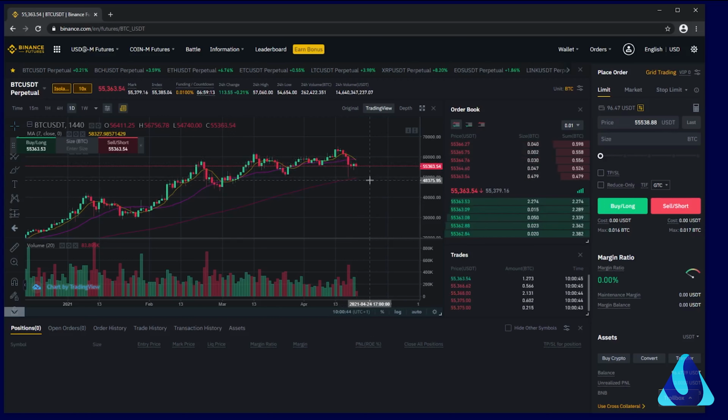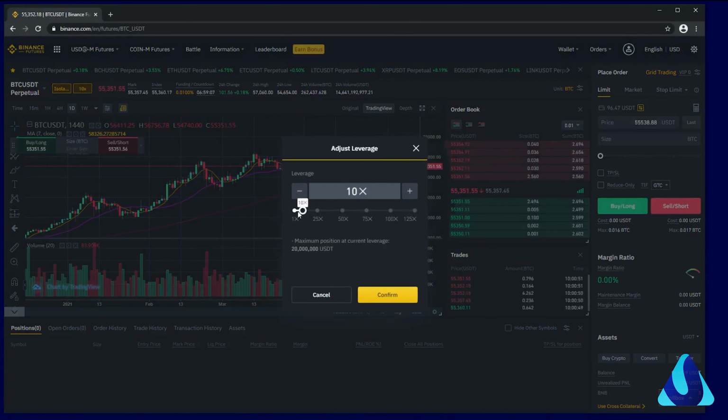It's the same if I had 100x leverage. I use $100, it moves 1%, technically that's a 100% move, and the same way if it goes down, that's how that would work.